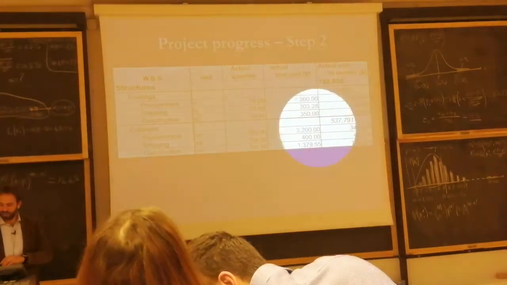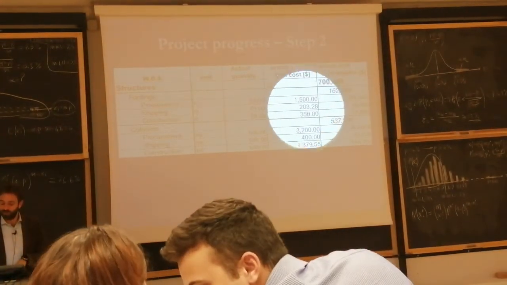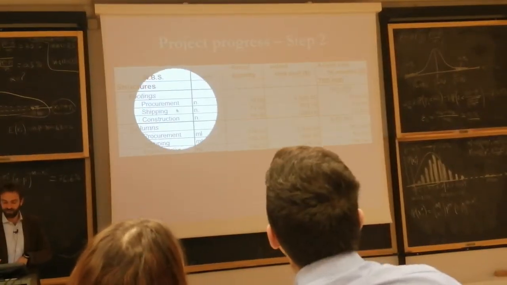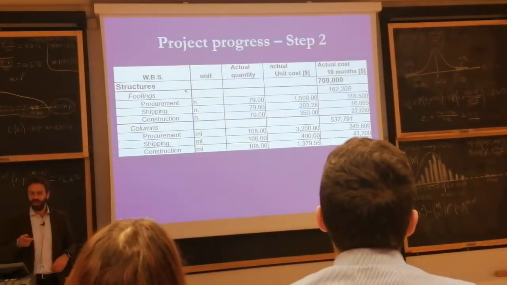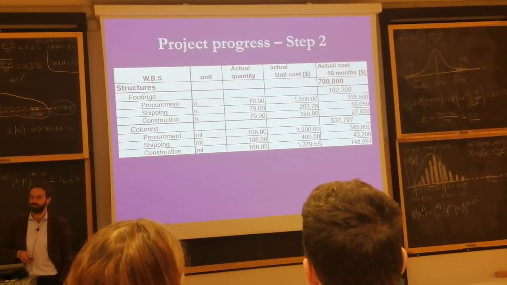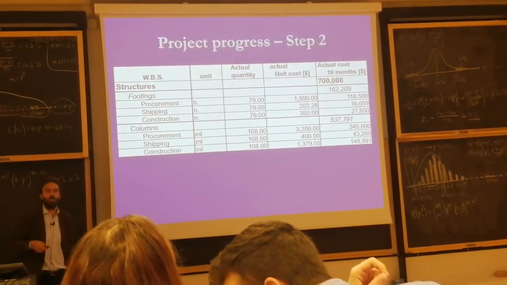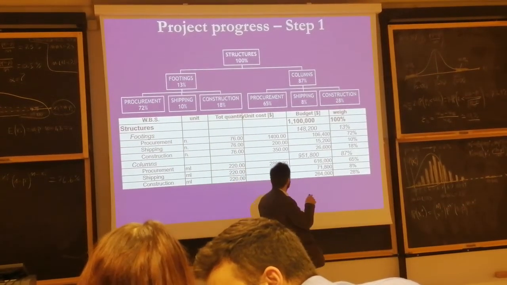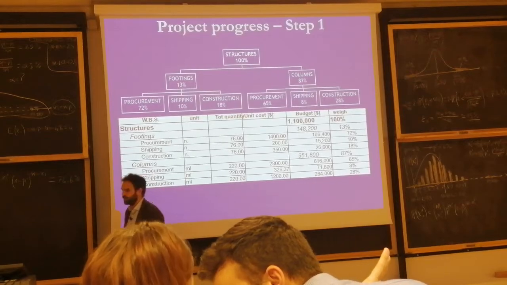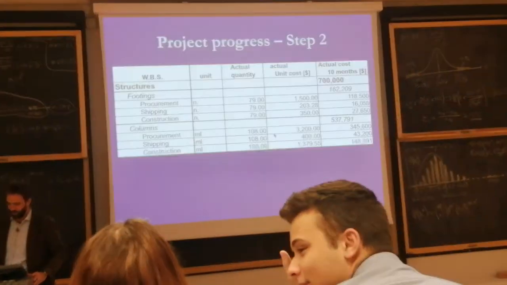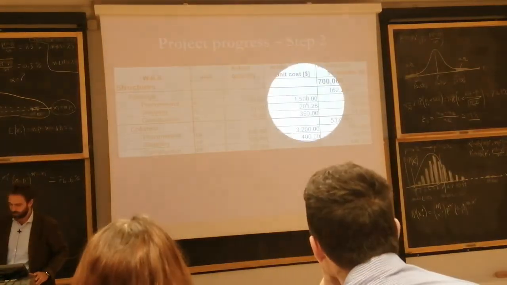And the actual costs that have been incurred per unit are, for example, 1,500 in the footings. Is it more or less expensive, one single unit? More expensive, $100 more. Why? It was 1,400 each, and now it comes to 1,500 each.